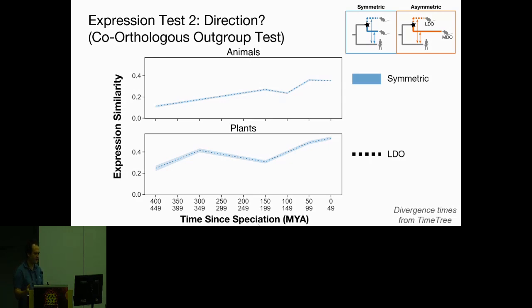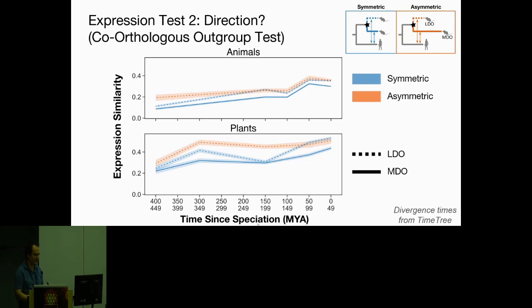And so across time, in the symmetric case for the least diverged copy, we have this decrease in expression similarity over time, which we also view with the most diverged ortholog. However, it is less functionally, less similar in terms of expression and thus function.